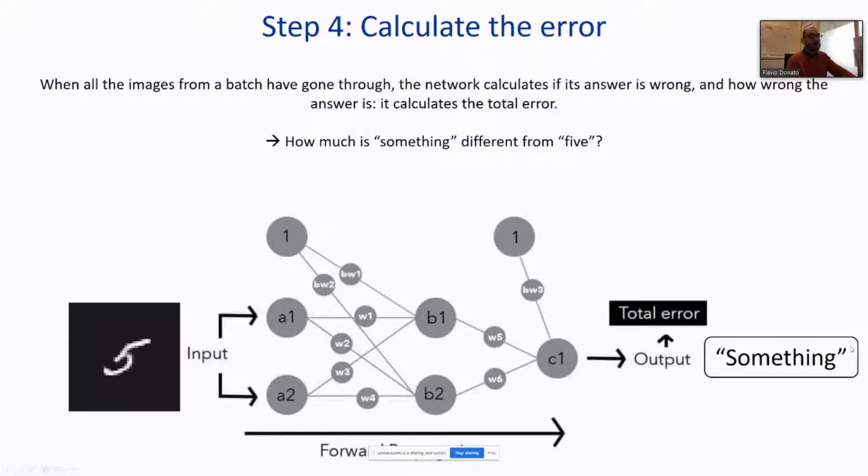The answer that I should give is not this, it should be 5, and I'm mistaken by this much, which is again a quantity that the network is able to calculate at the end of the feed-forward propagation step.